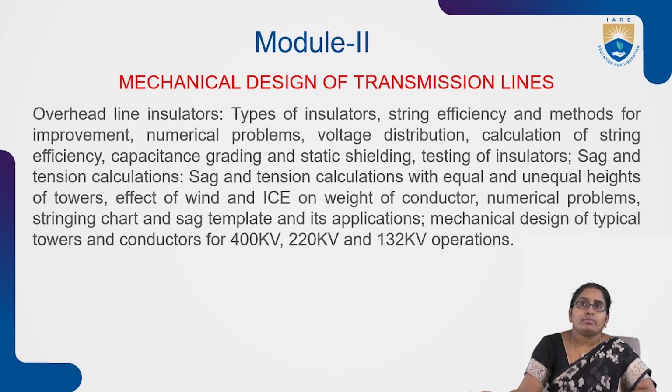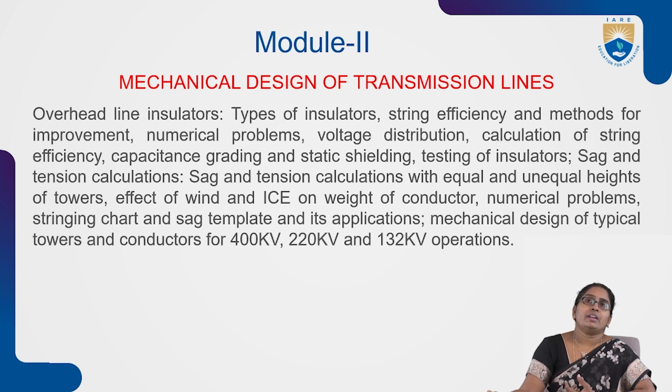Then testing of insulators. Then the second half of this module 2 or unit 2 is about sag and tension. When the transmission line is erected on the supporting towers, there is a parameter, which is sag, or how much tension the conductor is under, because it is suspended between the two supporting towers. So that is the sag and tension calculations.